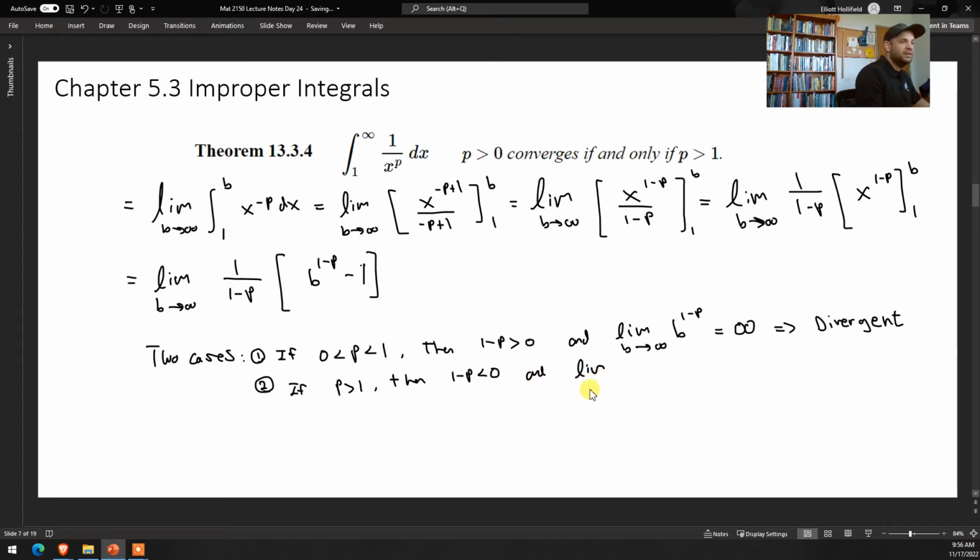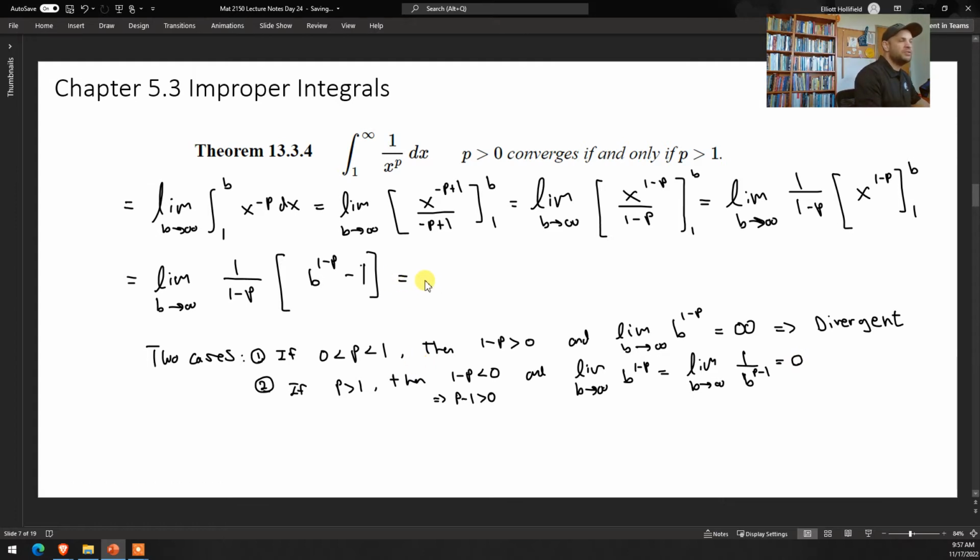And then we get the limit as b goes to infinity of b raised to the 1 minus p is equal to the limit as b goes to infinity of 1 over b raised to the p minus 1. Now p minus 1 must be a positive number. And so now we get that this is bottom-heavy, and so this must be equal to 0.